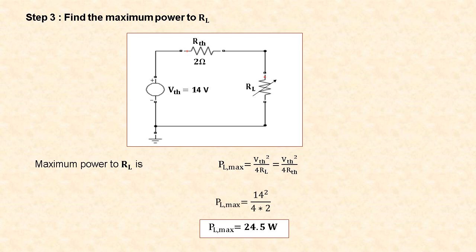Now the maximum power can be calculated by using the formula PLmax is equal to VTH squared by 4RL, or VTH squared by 4RTH. Substituting VTH is equal to 14 and RL is equal to 2 ohms, we have PLmax is equal to 24.5 watt. So the maximum power delivered to the load resistor is 24.5 watt.